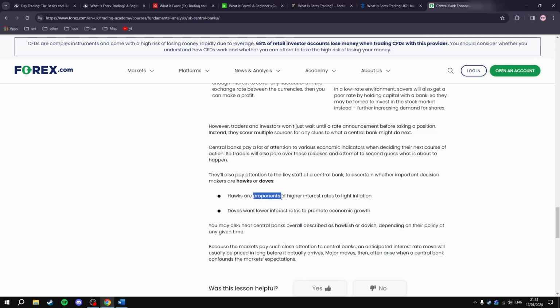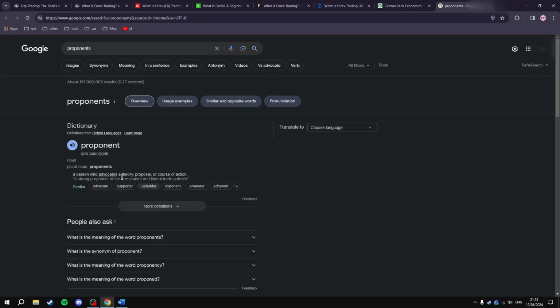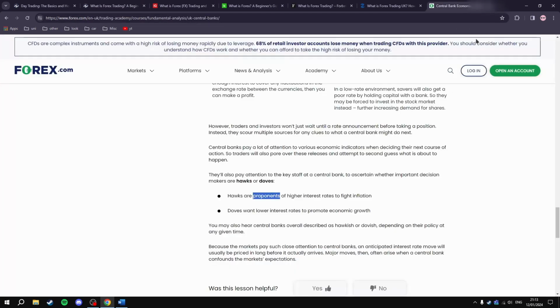What does proponents mean? A person who advocates a theory, who proposes. Hawks are proposers of higher interest rates to fight inflation. So they want to have higher interest rates.